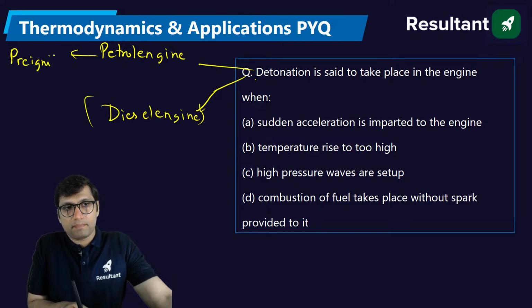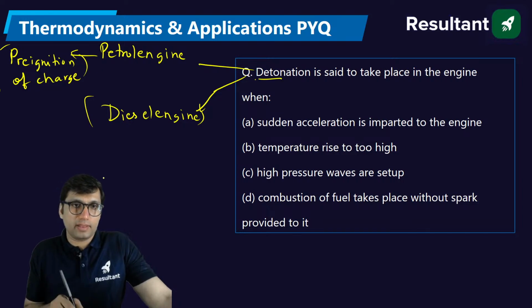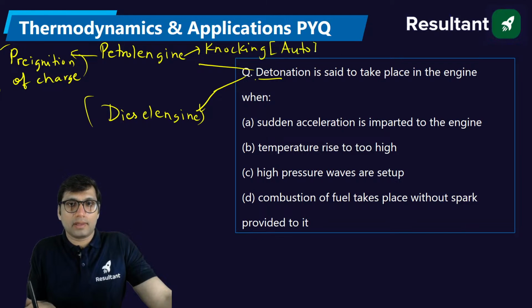Pre-ignition of the charge causes detonation in the petrol engine, and in the petrol engine we also have knocking, which is not detonation, of course. It is due to auto ignition. There are two types of theories. One is called the auto ignition theory, which basically causes knocking in the petrol engine, and one is called the pre-ignition theory, pre-ignition of the charge without spark, which is basically responsible for detonation in the petrol engine. While in the diesel engine, sudden acceleration is imparted to the engine.